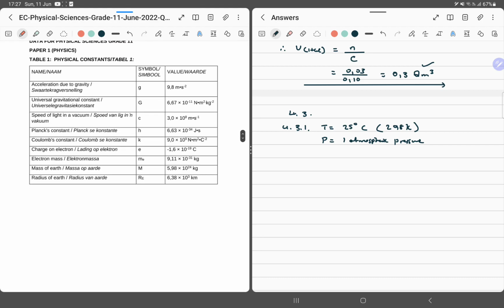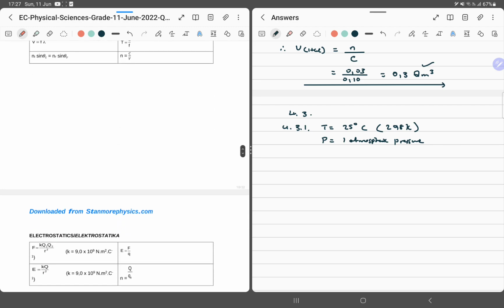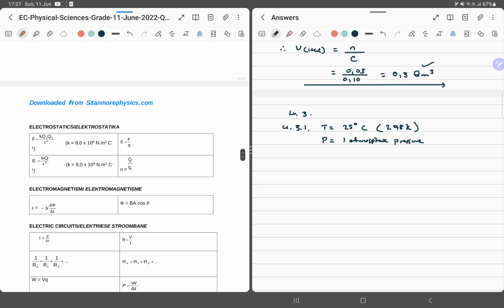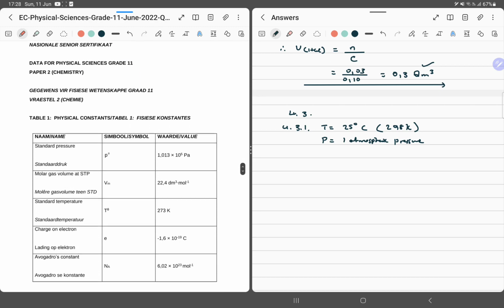Let's just check. Do we have these things here? Sometimes they give them, sometimes they don't. So it can be pretty embarrassing at times. They sometimes embarrass us. So they wrote this one in Afrikaans. A standard. What? Standard rag.